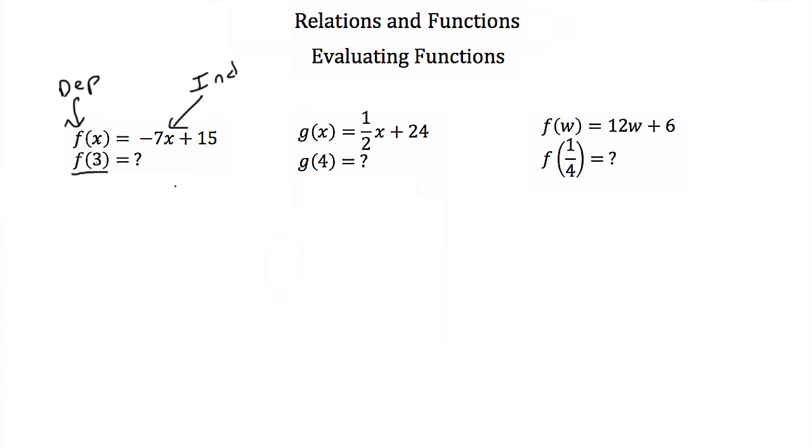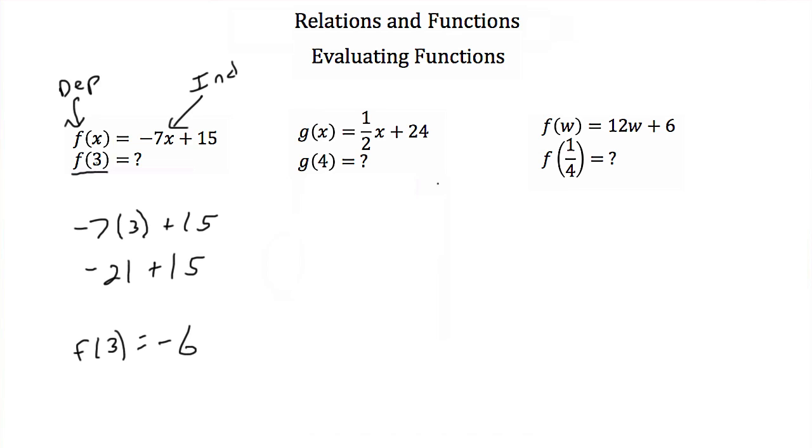So to evaluate this function, you would simply plug in 3 for x. So it would look like this: negative 7 times 3 plus 15. Negative 7 times 3 is negative 21 plus 15. So our function of 3 would be equal to negative 6.